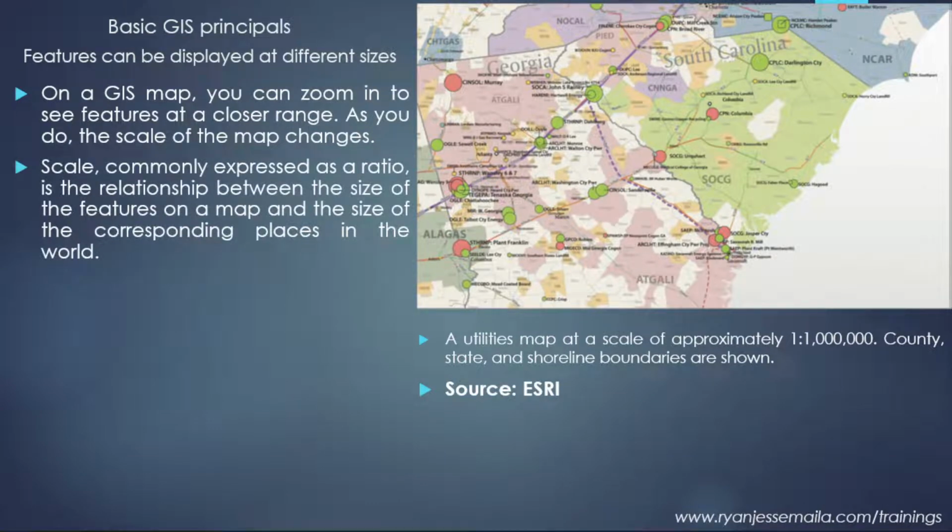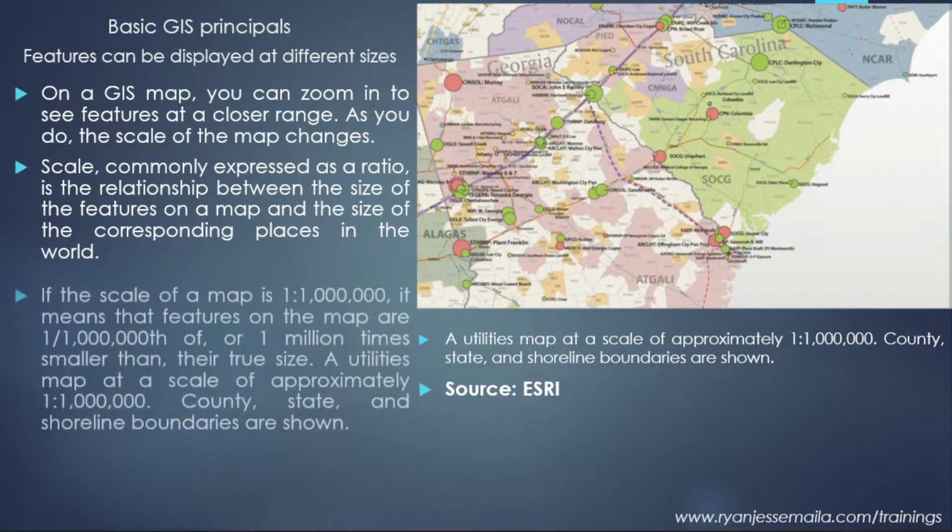Now I'm introducing scale. Scale, commonly expressed as a ratio, is the relationship between the size of the features on the map and the size of the corresponding places in the world. So basically, this scale is showing you the relationship between the size on this map and its actual size in the real world on the ground.